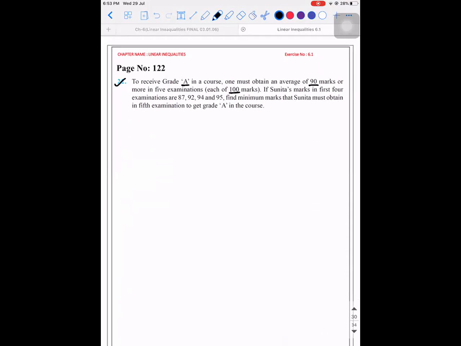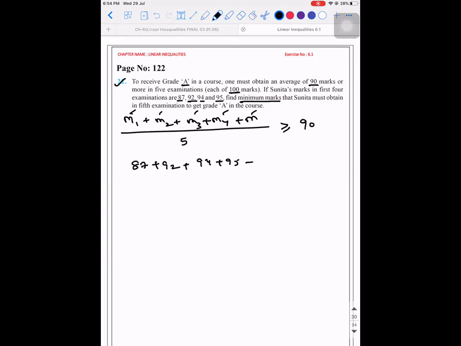If Sunita's marks in the first 4 examinations are 87, 92, 94 and 95, find the minimum marks that Sunita must obtain in the 5th examination to get a grade A. So (M1 + M2 + M3 + M4 + M)/5 should be greater than or equal to 90. So 87 + 92 + 94 + 95 + M should be greater than or equal to 450.